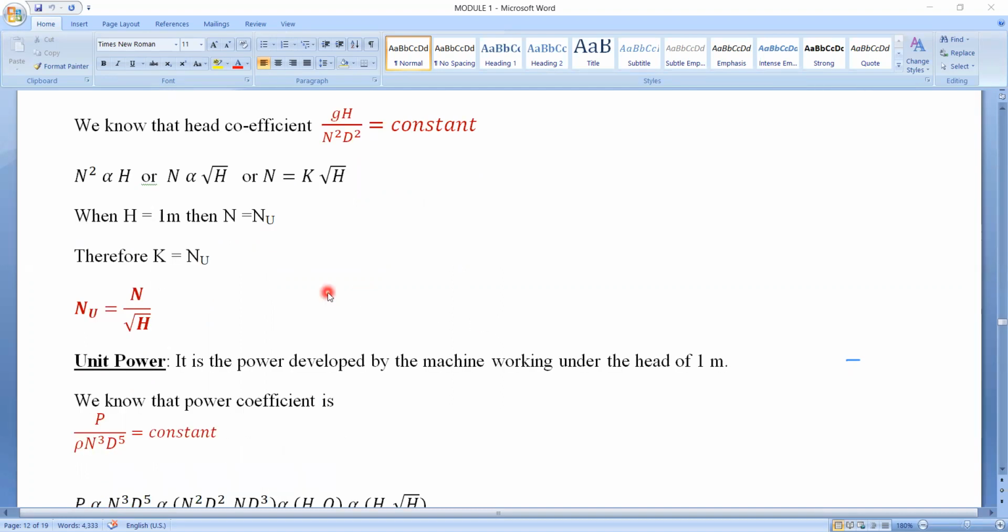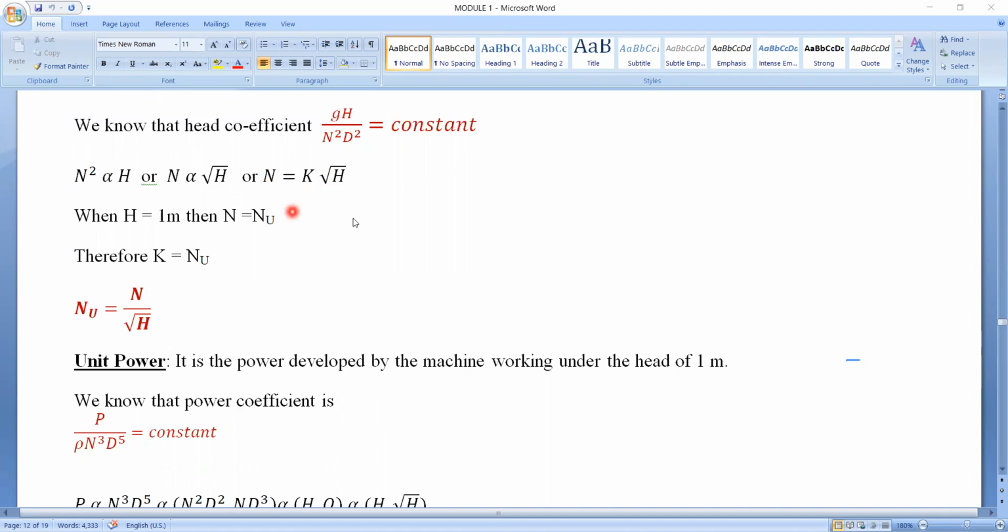Similarly, by the definition of unit speed, it is the speed of the machine when it is working under the head of 1 meter. So if h equals 1, root of 1 equals 1, and n will be equal to nu. So k is equal to nu.